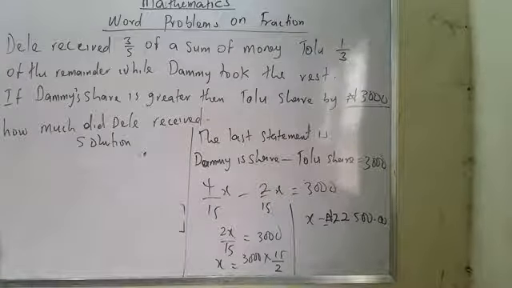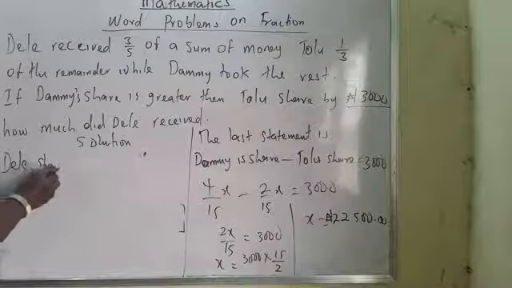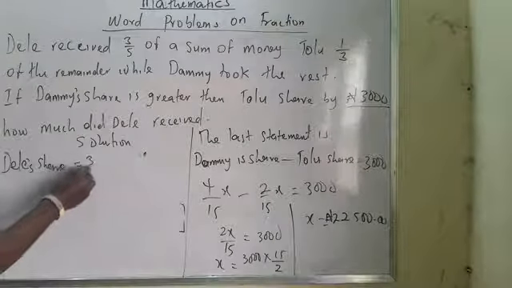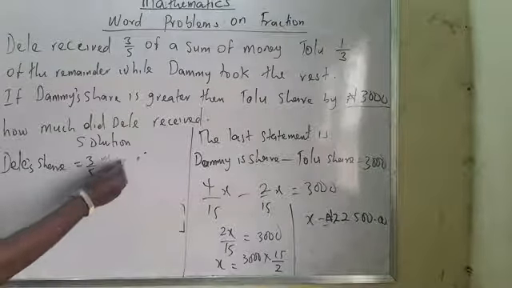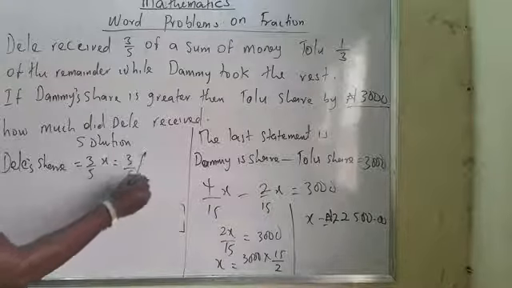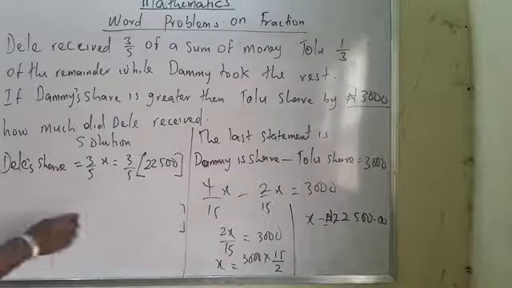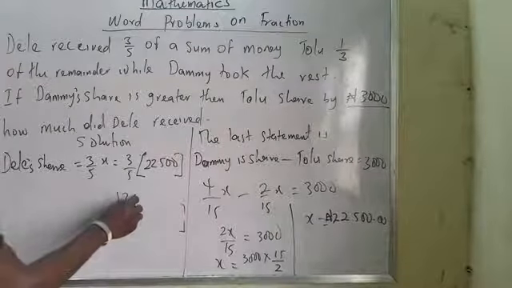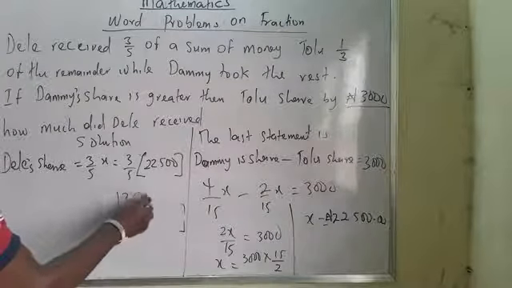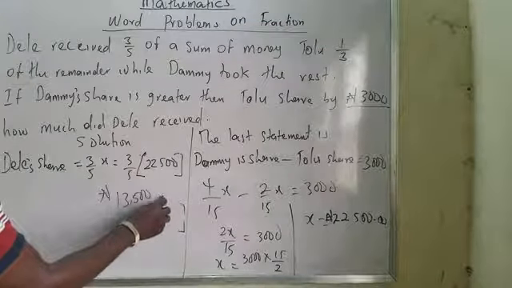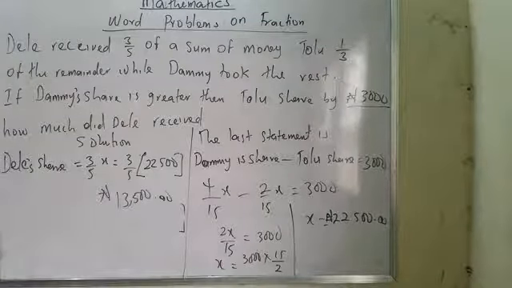Now Daily's share will now be 3 all over 5 of x, which is equal to 3 all over 5 of 22,500, which I'll be having 13,500. That is what Daily is sharing. That is what Daily collected. That is all.